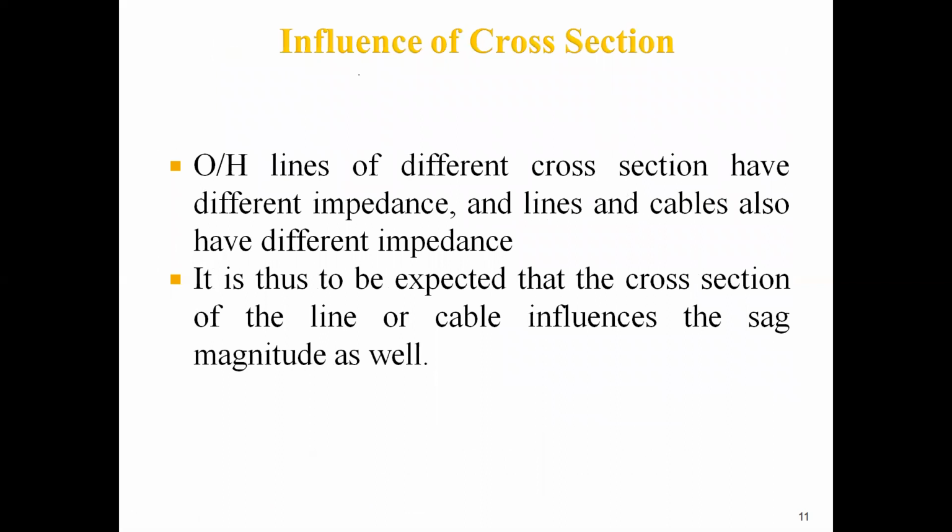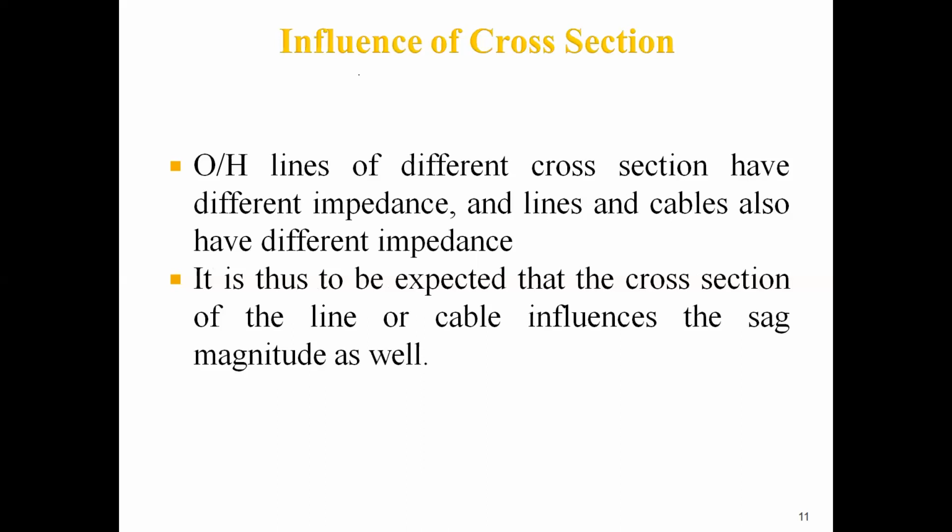Let us also see now whether there will be any effect of the cross-section area, because we have been seeing transmission lines with different types: overhead transmission lines, underground cables. Will the cross-section also have an effect on this sag? My question to you: will there be an influence of cross-section?